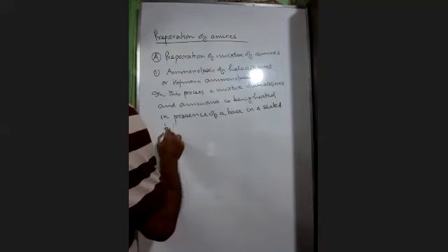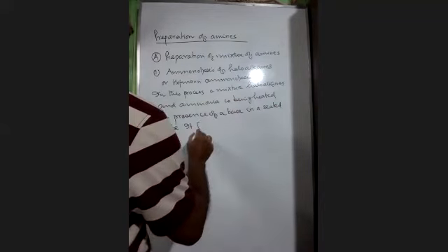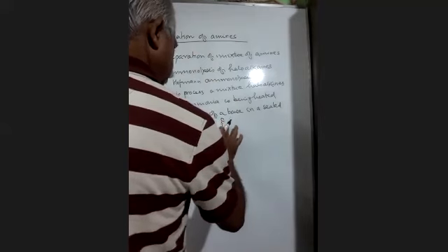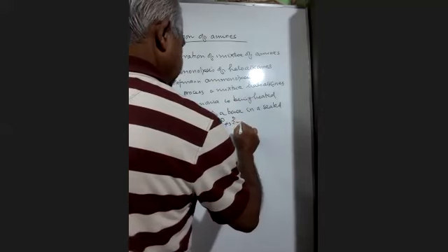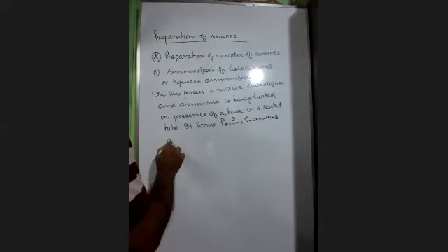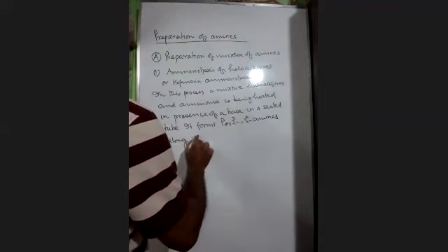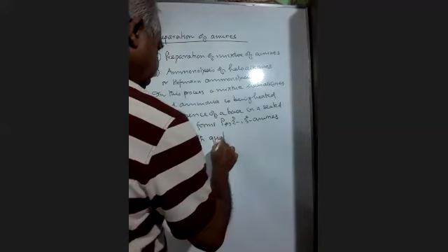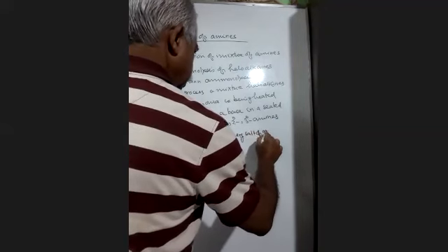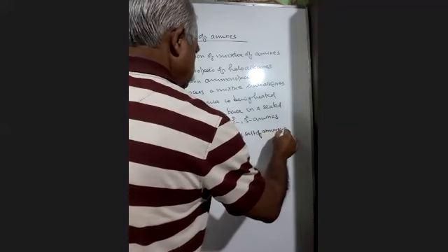In a sealed tube, it forms primary, secondary, tertiary amines along with quaternary salt of ammonia. Is it right? Then we'll do the preparation.